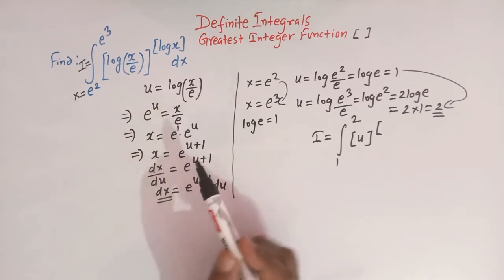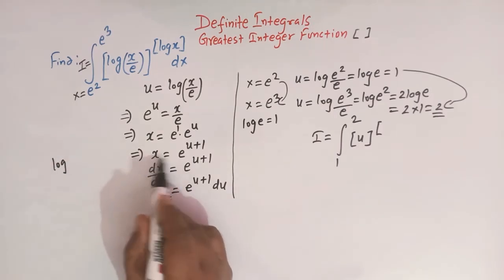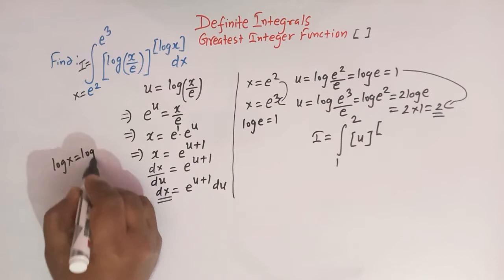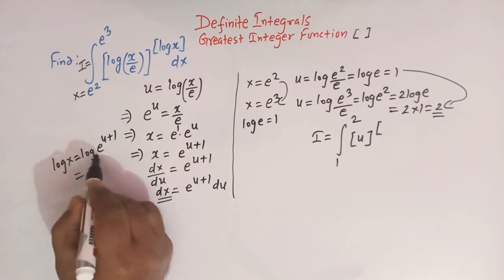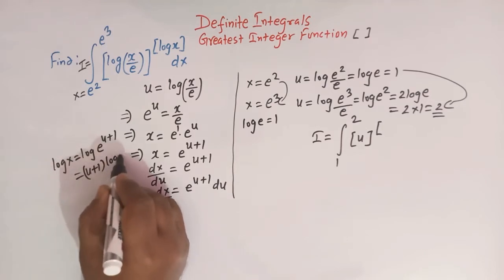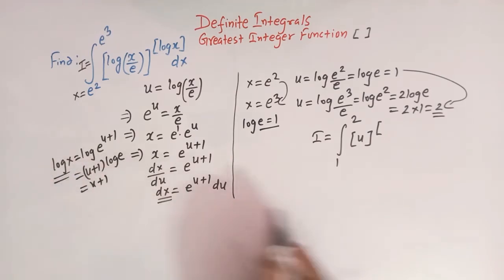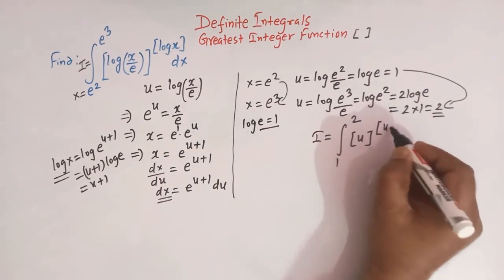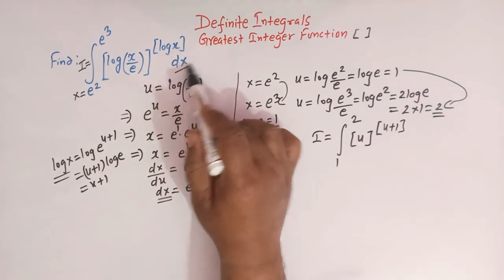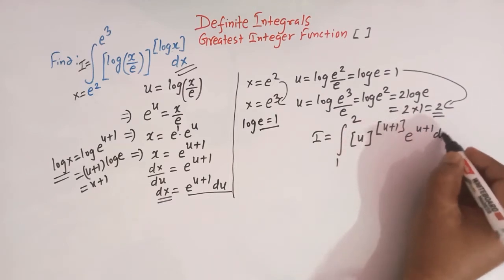Log of x can be found by taking the log of both sides: log of x is equal to log of e raised to u plus 1, and using the power rule for logarithms, we have u plus 1 times log e, and log e is 1, so log x is equal to u plus 1. So we can replace log x by u plus 1, and for dx we write e raised to u plus 1 du.